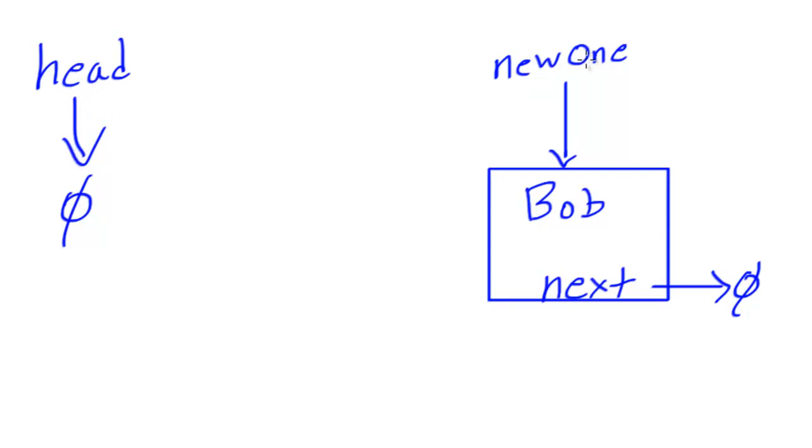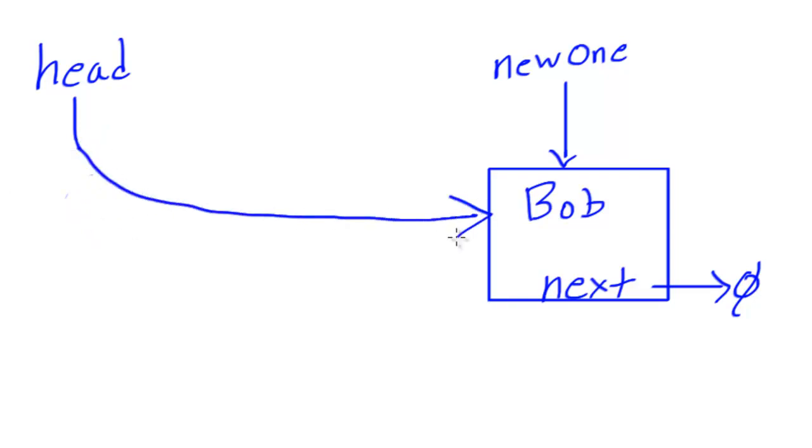New one's a pointer of type contact node pointer, simply holding the address here of this Bob node. So we'll just update that to indicate that this address has now been assigned to head. So we'll just erase this here, and now we'll update this so that head is now pointing to the new node. Now whenever this add to head function terminates, what will happen is this new one here was a local variable.